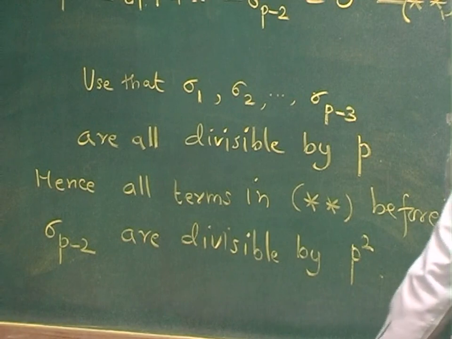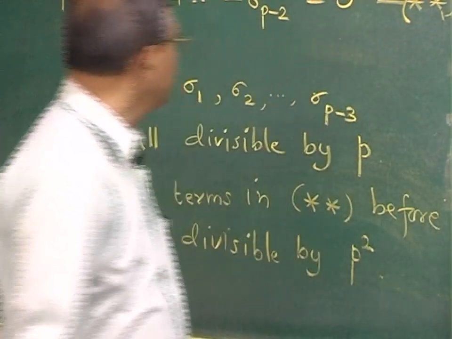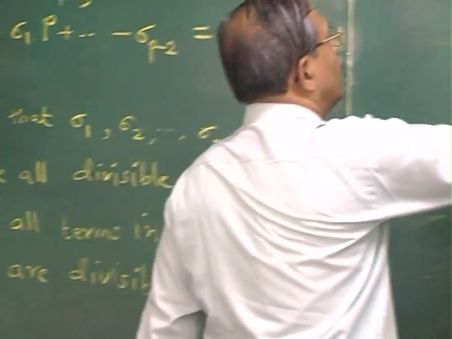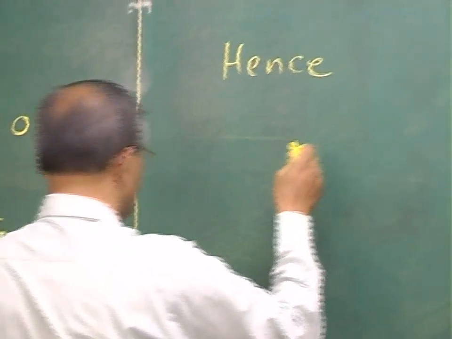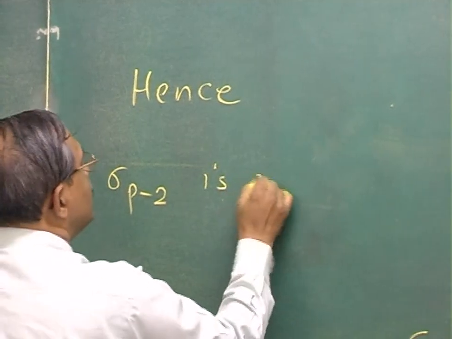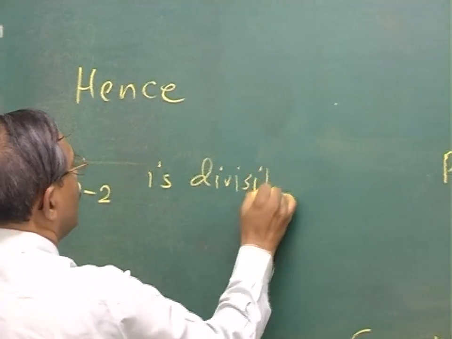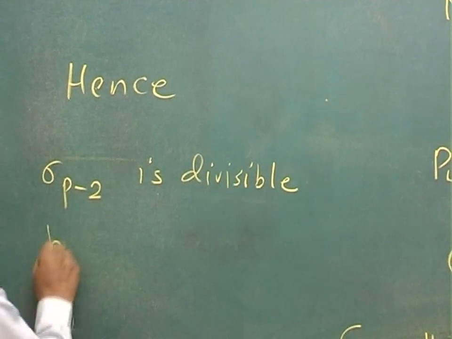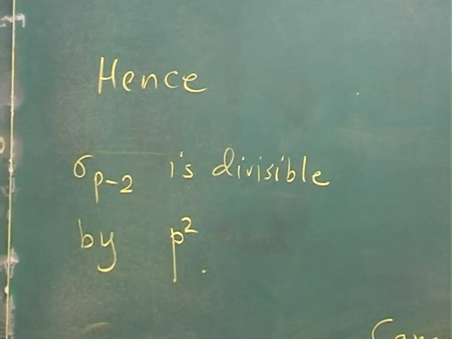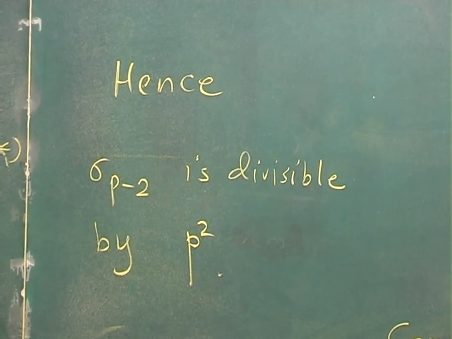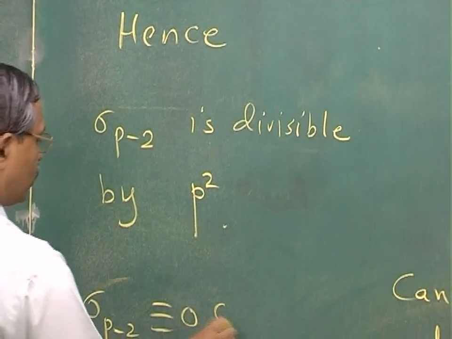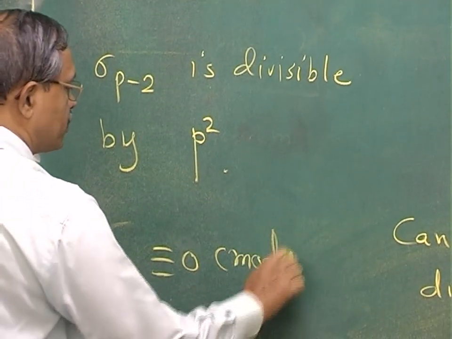And so what can you say about sigma p minus 2? Hence sigma p minus 2 is divisible by p square. So we can say sigma p minus 2 is congruent to 0 mod p square.